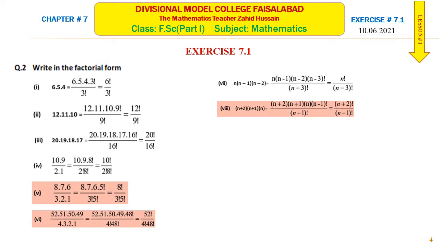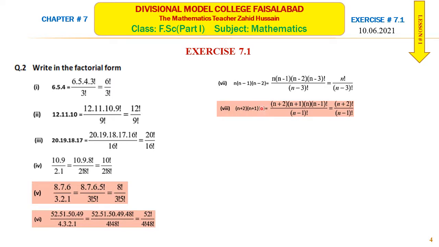Eighth part is your syllabus question. There is n plus 2 is the larger number, n plus 1 is smaller than n plus 2, n is smaller than n plus 1. So we will multiply this by n minus 1 factorial, and we will divide by n minus 1 factorial.